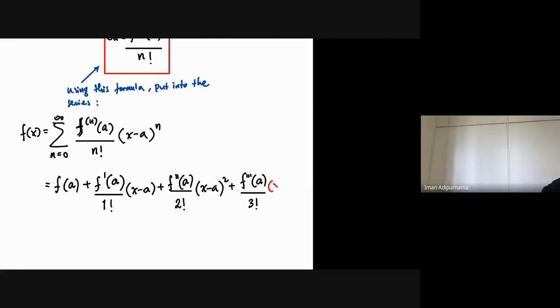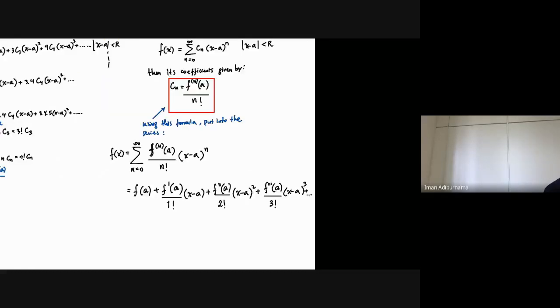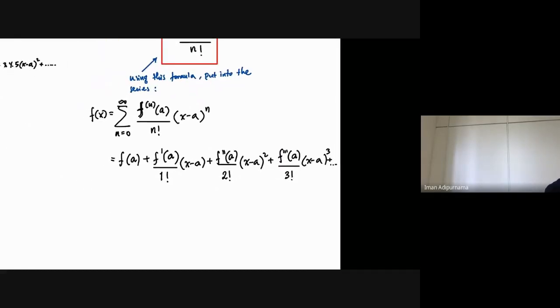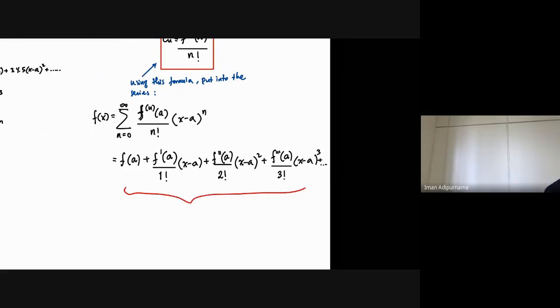And then (x minus a) cubed. And it's still plus some terms until n, right? So this whole thing is what we call the Taylor series.